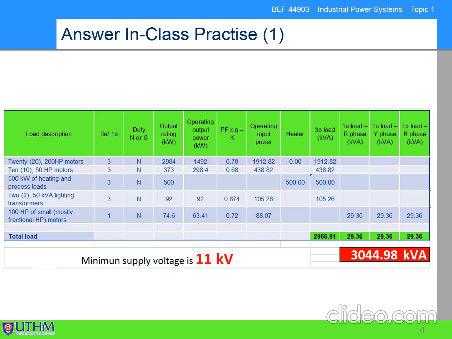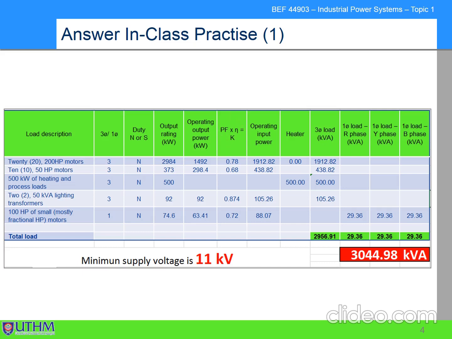Then we convert to kilowatt by multiplying with the power factor of 0.92. So the total output rating is 92 kilowatt. And then we divide this value by the K value to get the input power. The K value for this transformer is power factor times efficiency. This value is given in the questions.